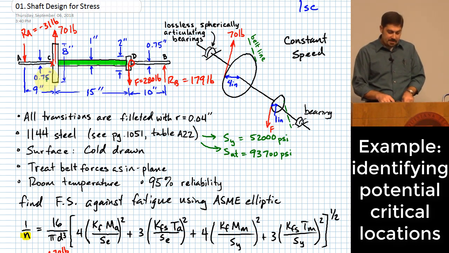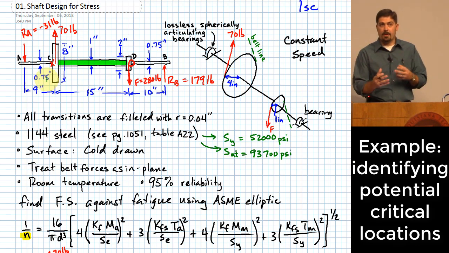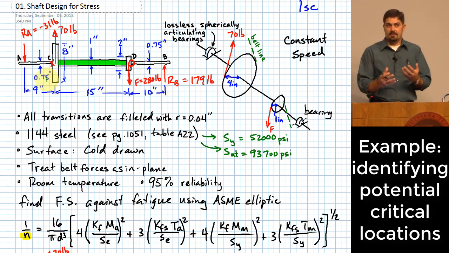What causes something to have a worse case in terms of stress is not just the bending moment, it is bending moment combined with size, right?